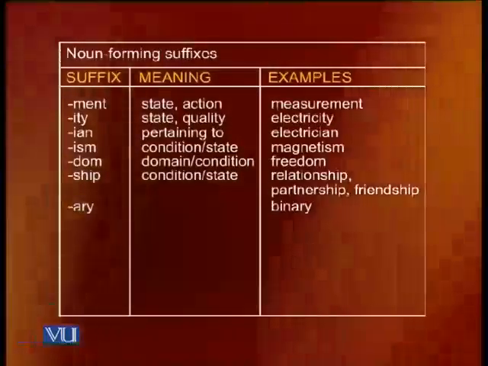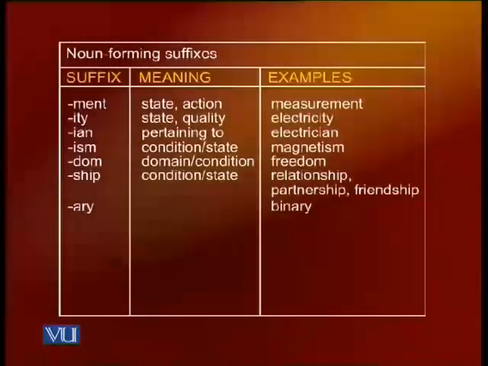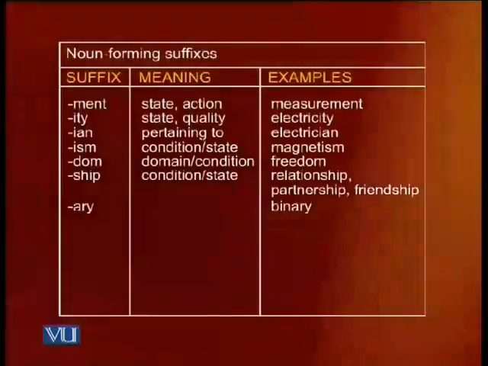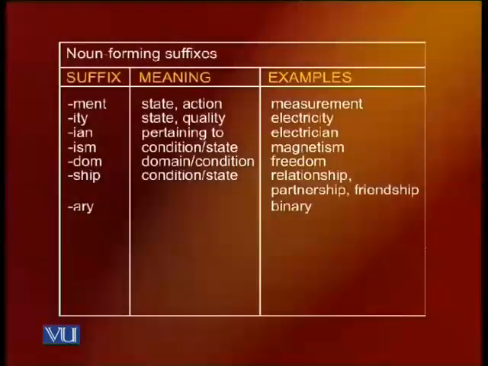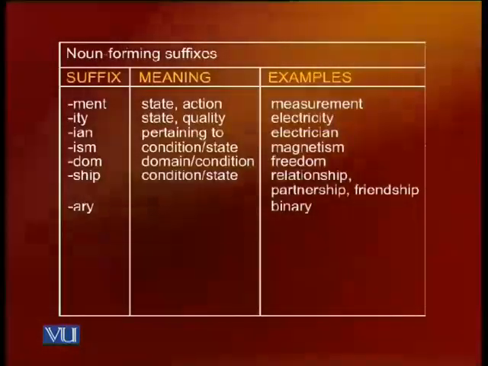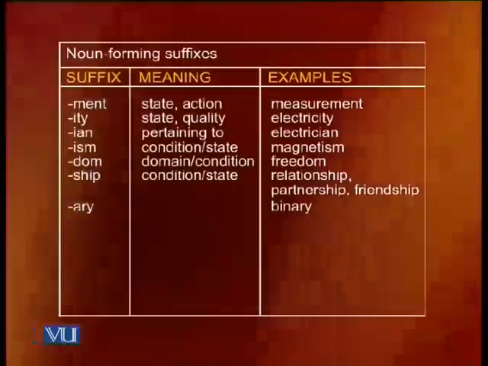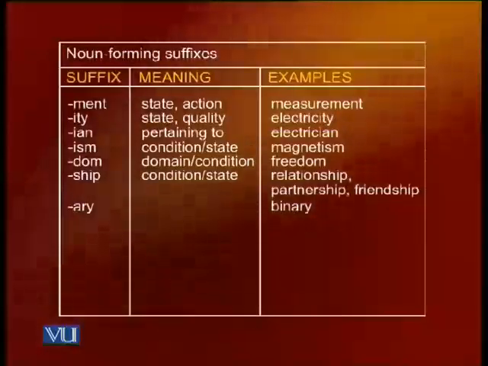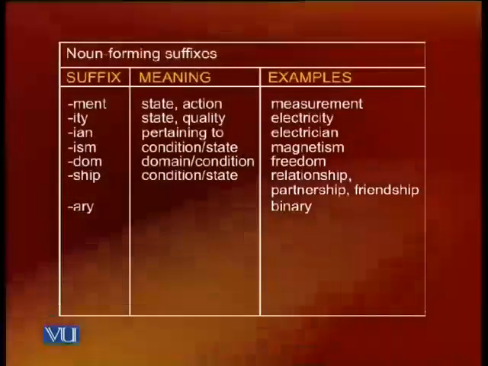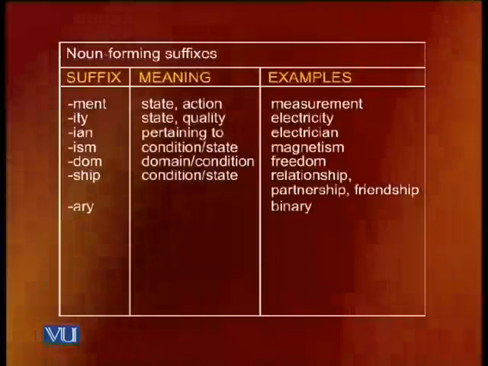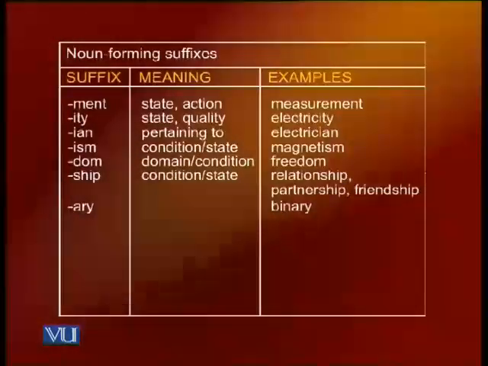In the same way, you add ity, electric, electricity. ian, which means pertaining to, electrician. ism, it means you are again talking about a state or a condition, and it is magnetism.